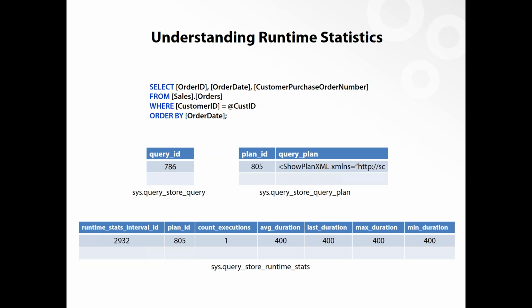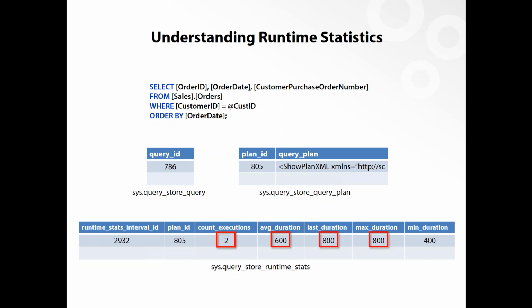Remember that we also have logical reads, physical reads, writes, tempDB, all of the same average, last, max, min, standard deviation for those. But we're just going to look at duration. So the first time it executes, it takes 400 microseconds because, by the way, the duration data is stored in microseconds. Now, the second time that it executes, it takes 800 microseconds.